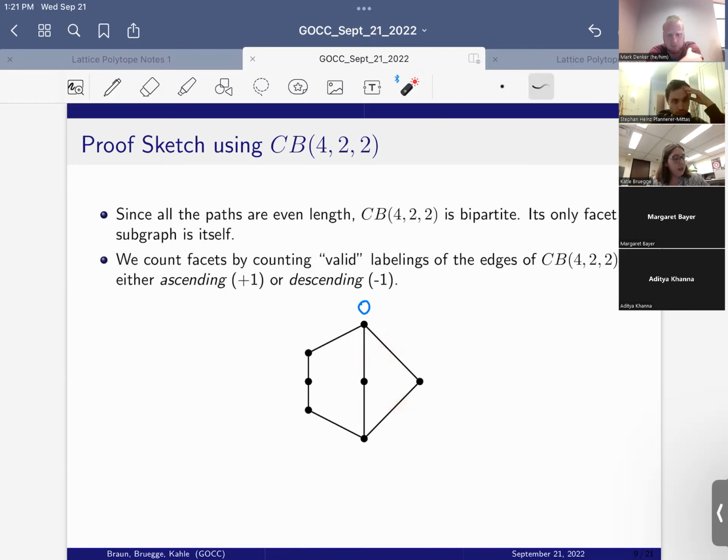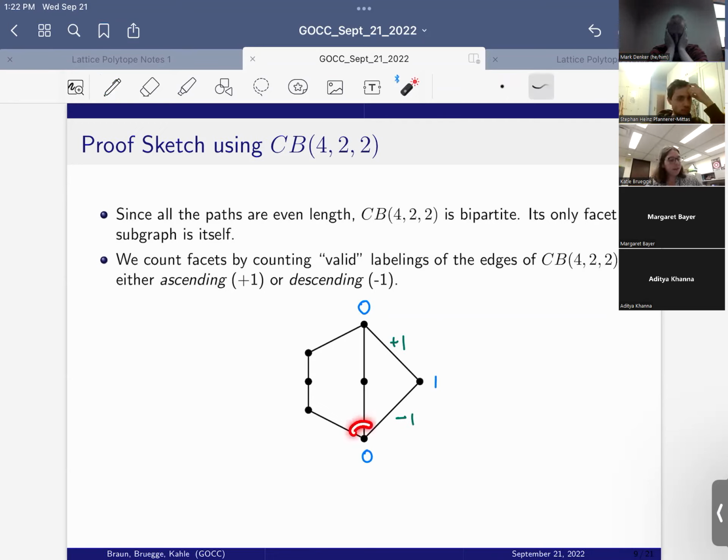If we start on our shortest path, we can make a choice of how many ascending and descending edges we have. So if I make the decision that this edge is going to be ascending, and this edge is, and this edge is going to be descending, then I know that the label on this vertex is going to be a 1, and the label on my other identified vertex is going to be a 0.